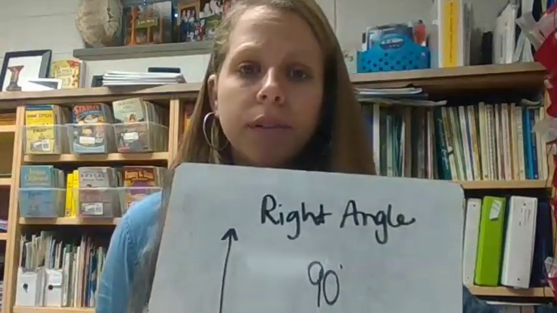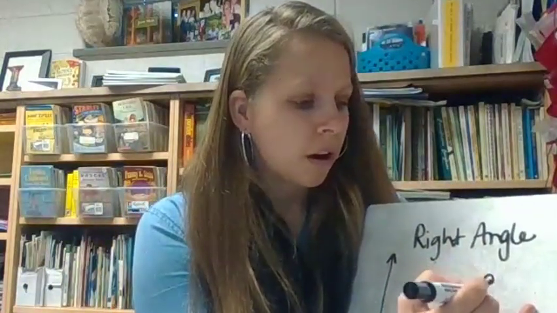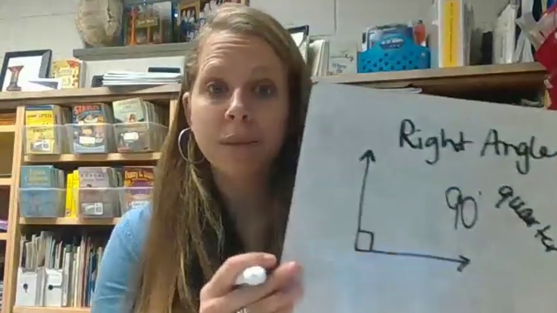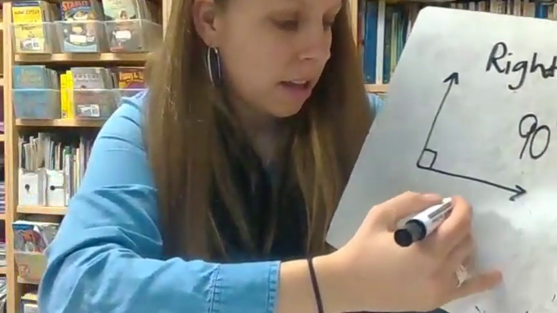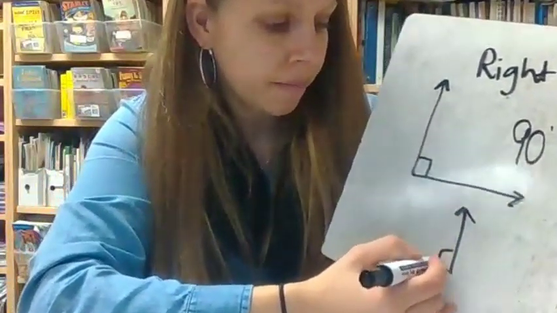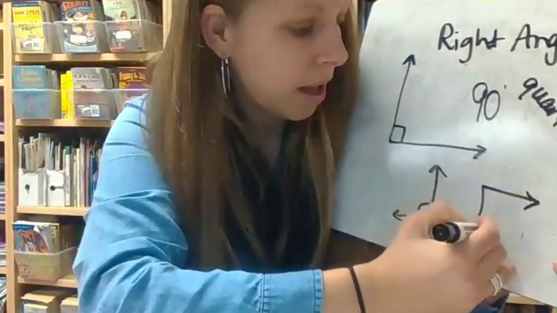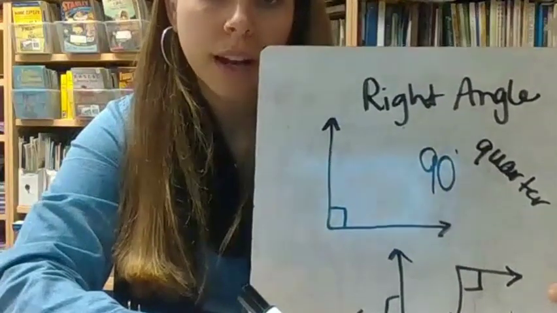If we were to relate this to our rotations, we're talking about a quarter turn. Now that quarter turn can be in any direction. So if I had my L facing this way, still 90 degrees. If I had my L this way, still 90 degrees. Okay, so all of those are right angles.